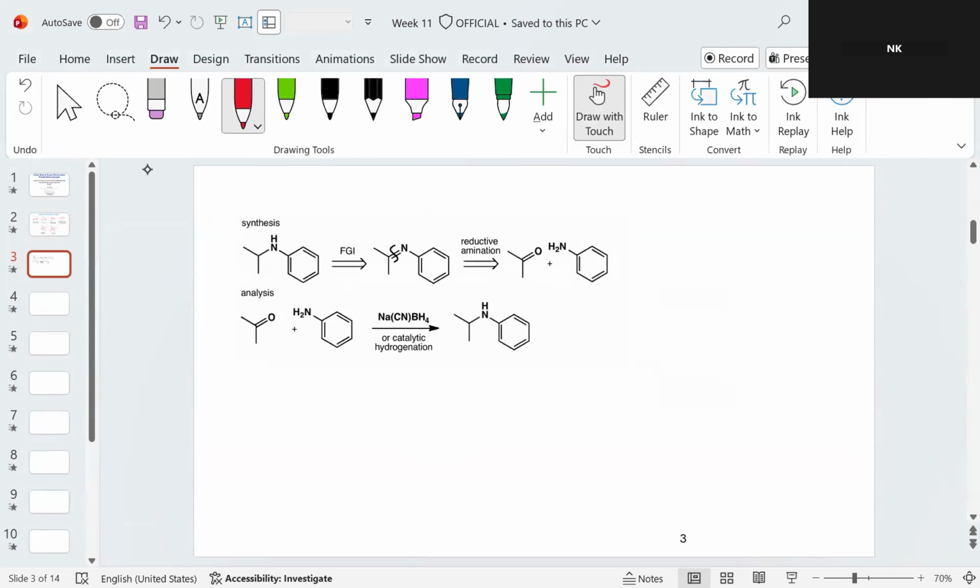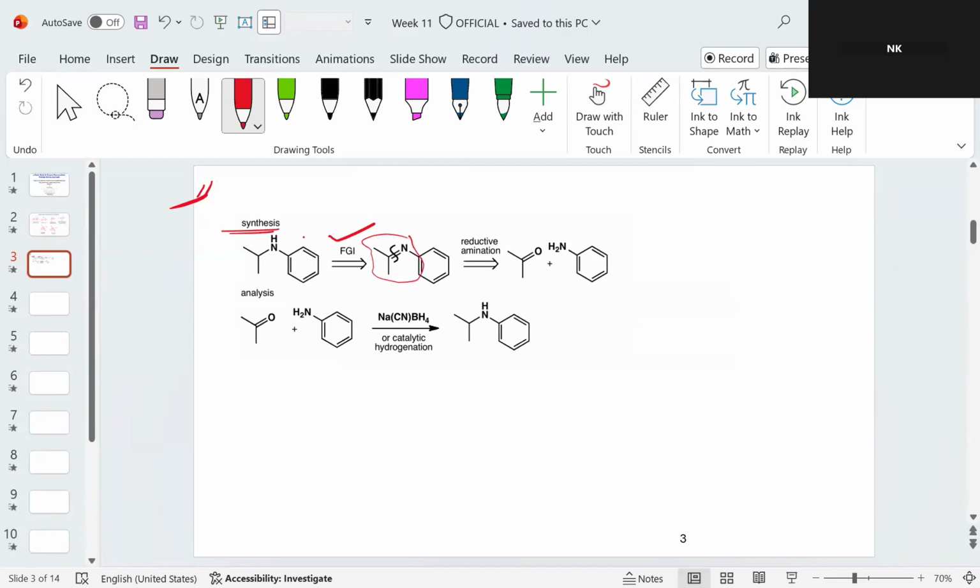In this example, we have the target molecule, and if you try to do the retrosynthesis of this one, the first step is the functional group interconversion. You can see this amine we can basically synthesize from this type of imine.